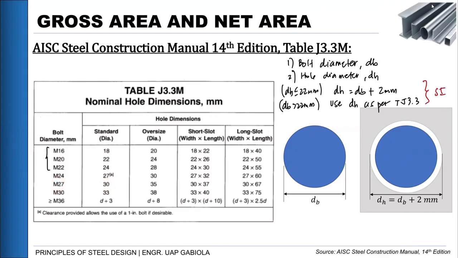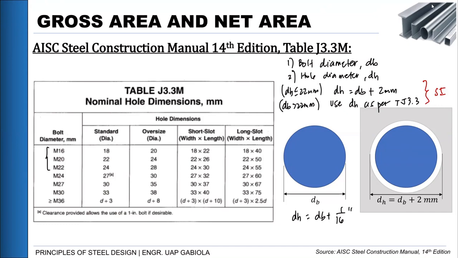Okay? For English system, medyo mas madali sa English system. Kasi nagkameron ng conversion kaya iba yung values natin. Ngayon, for English system, yung dH natin can be equals to dB plus 1/16 inch lang. Okay? So kahit anong diameter ng hole kapag English, plus 1/16 ng inch ka lang.